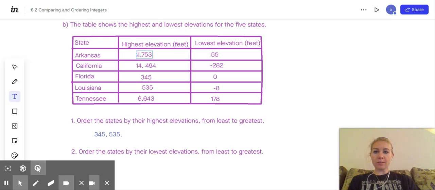Now let's look at our thousands. We have 2,753, 14,494, and then 6,643. Well, 2 is in the thousands place. 14, well, that's way bigger than 2,000. And then we have a 6 in the thousands place. So 2,753 is the smallest number with a thousands place value.